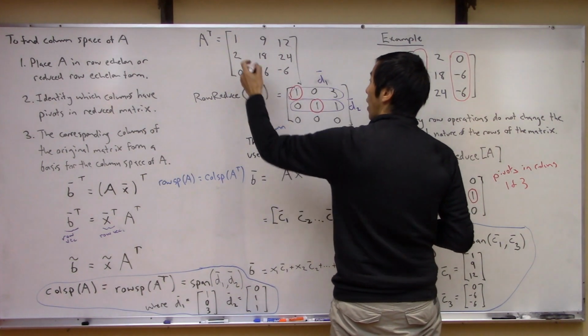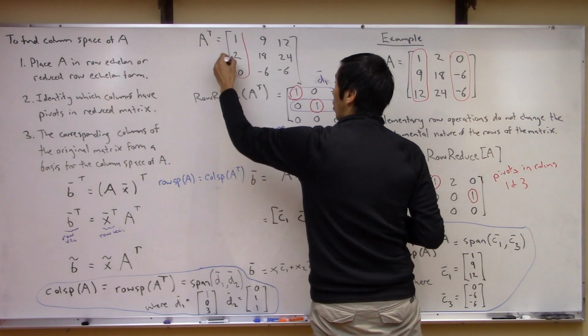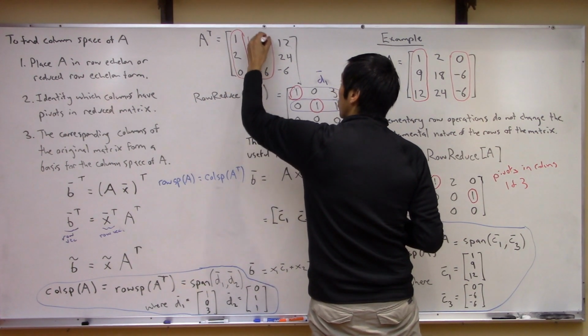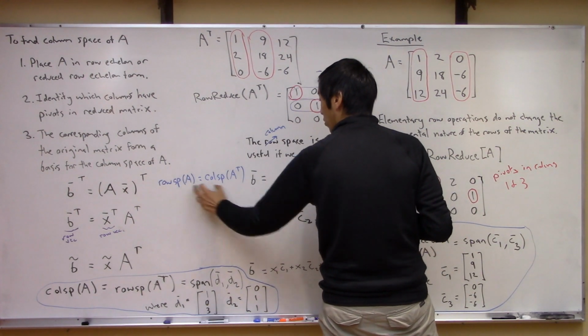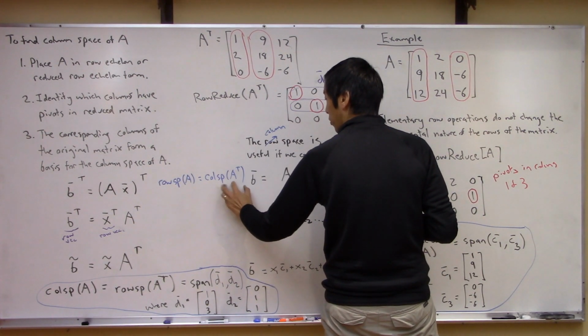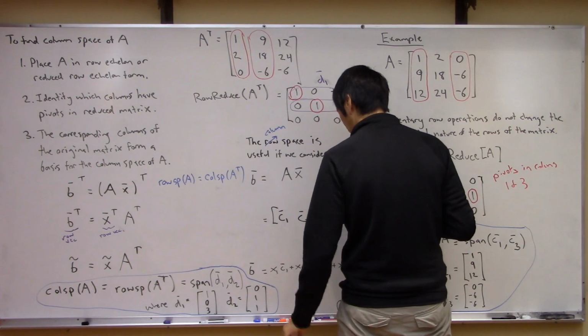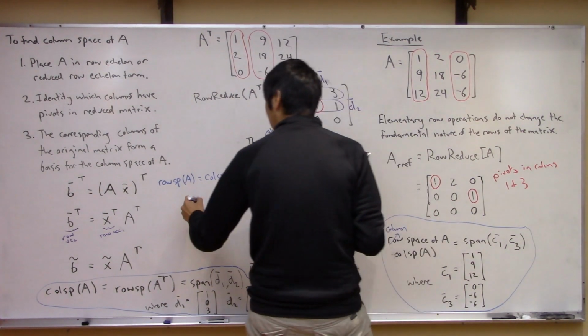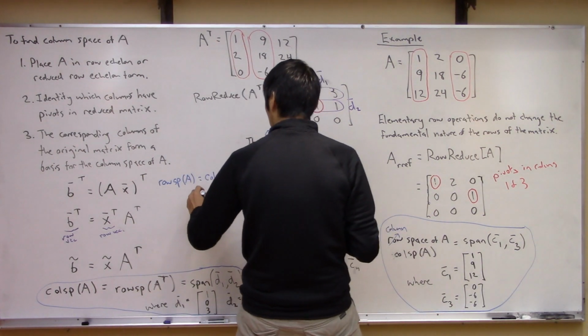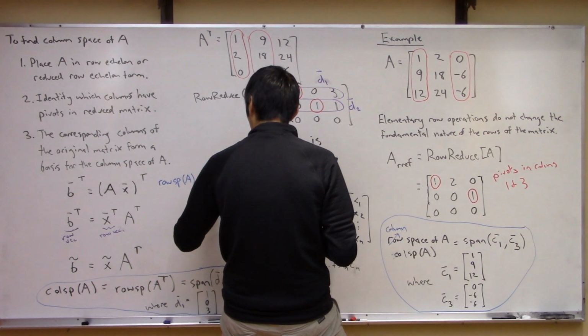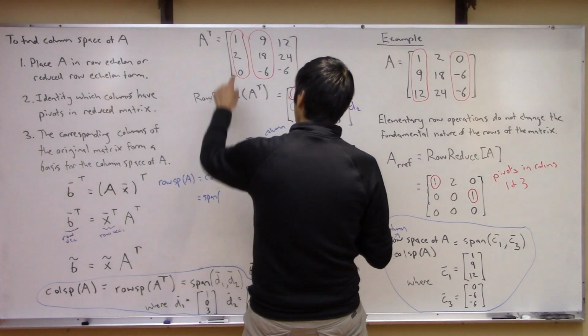So that means this column 1 and this column 2 are also describing this column space of A transpose, which we said is the same thing as the row space of A. So again, for completeness, the row space of the matrix A is also described by the span of these two columns here.